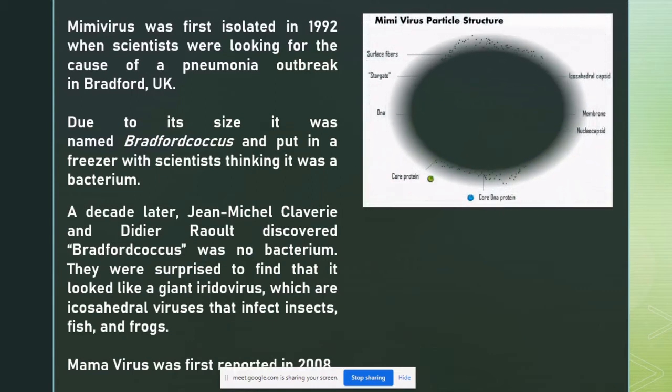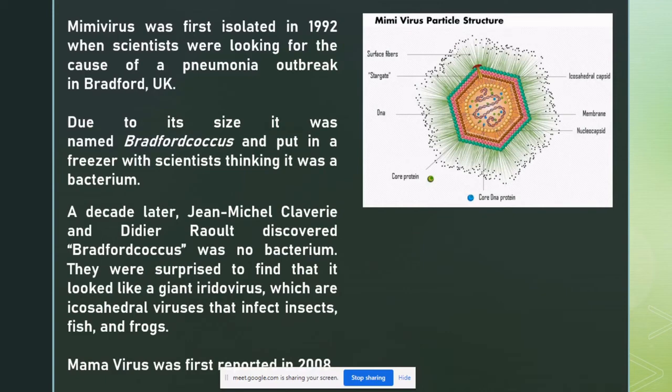So how does this virus look? This is a very peculiar structure, and you can see how big it is. Unlike the other viruses, this is quite a large virus. You can see there are surface fibers here. They have not mentioned that it has a peplomer or spikes or something of that sort that we have in general. So it is a non-enveloped virus.